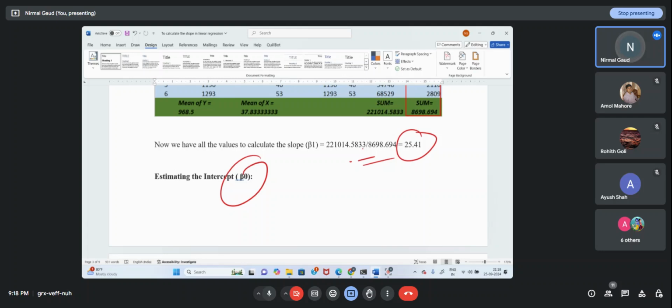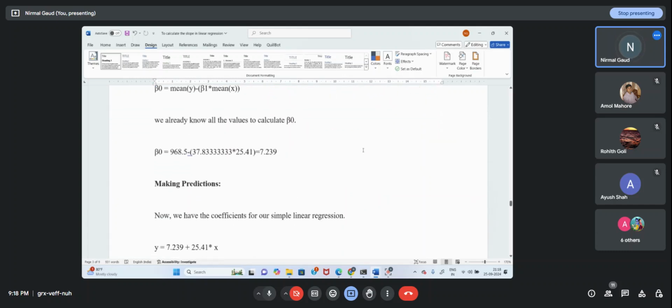And to calculate beta naught, you very well know y bar minus beta 1 x bar. So the value of beta naught is coming to be 7.23. Now you got the equation, y equal to 7.2 plus 25.3 into advertising. Now you can put any value of advertising here and get the value of sales.